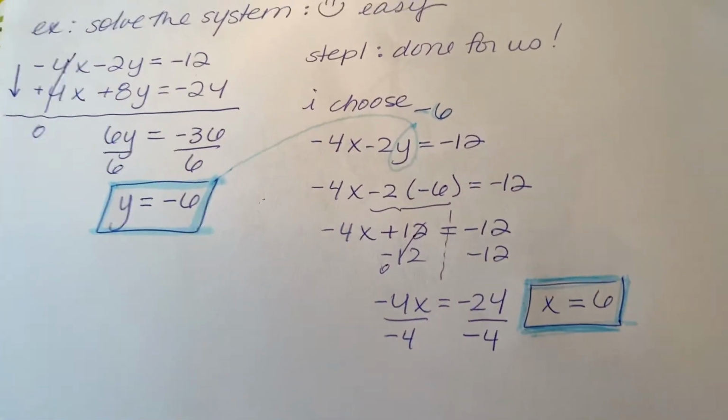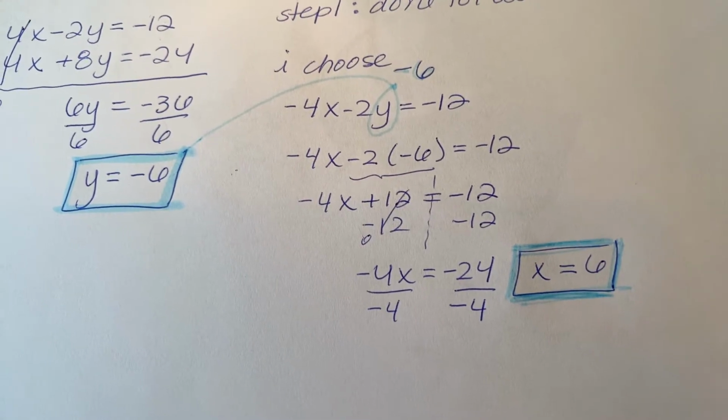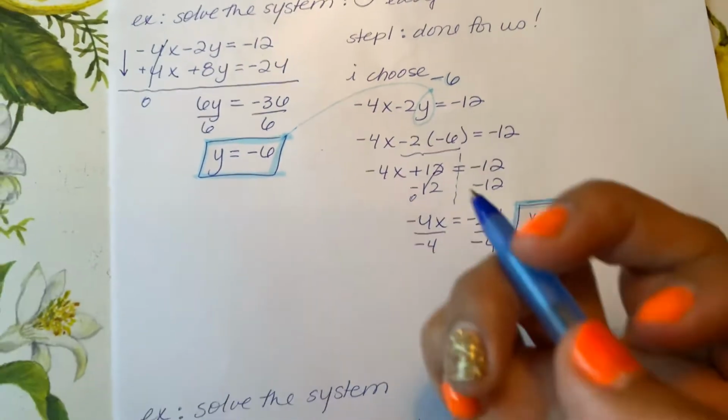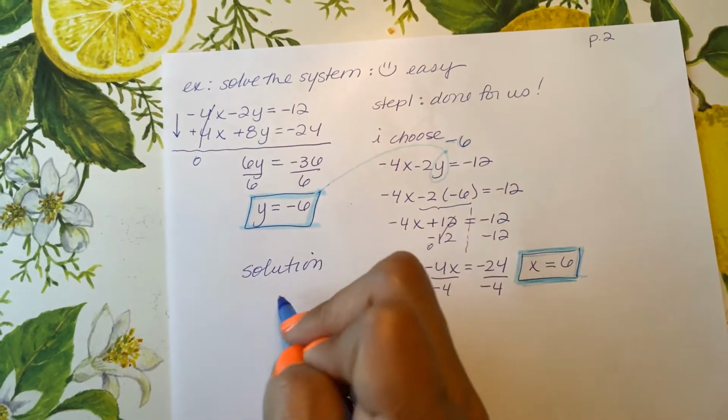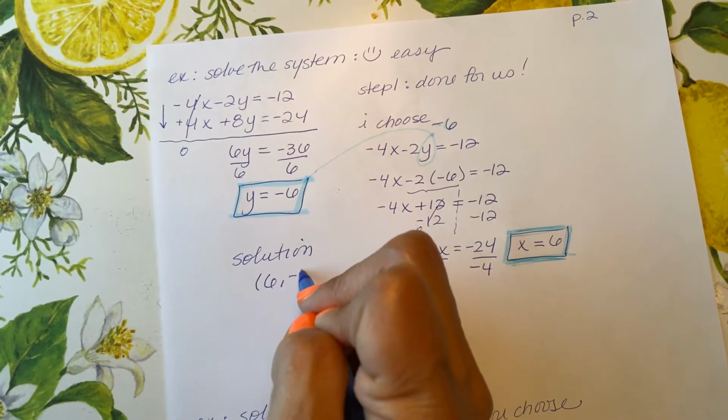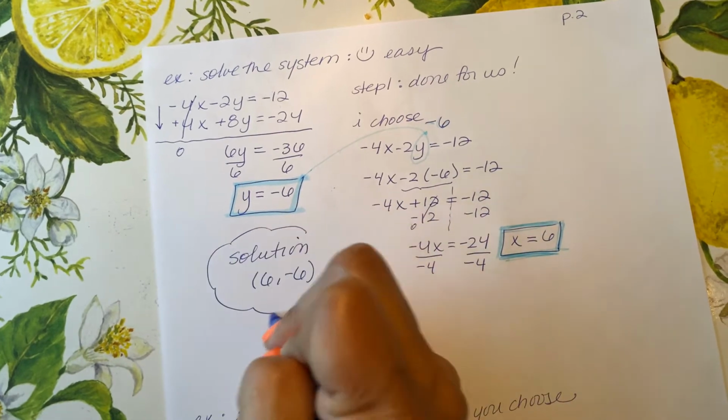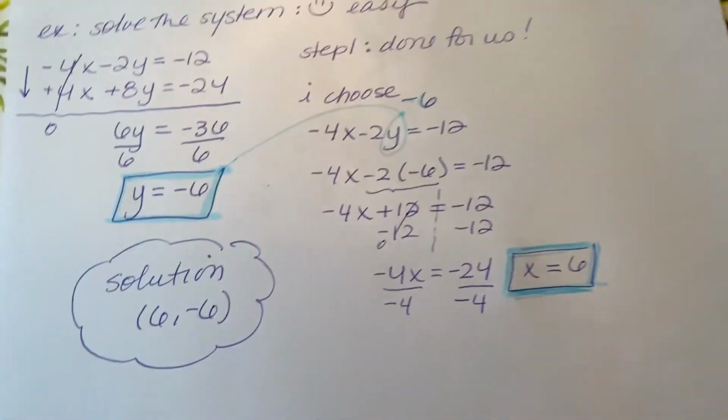I chose a light color this time. All right, so what is my solution to the system? My solution to the system is my coordinate point, 6, -6. And so this is your answer.